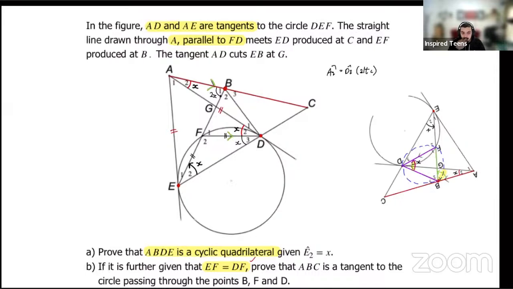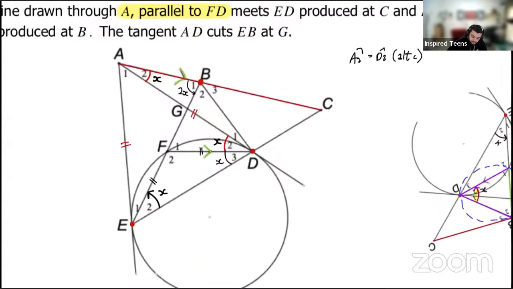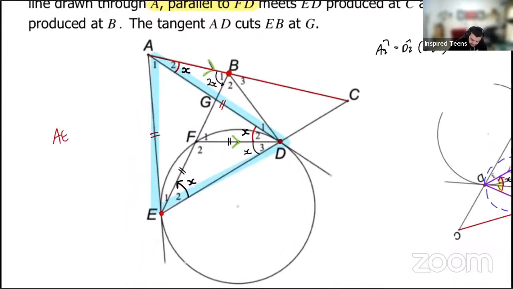But I see another way. Because I'm talking about this triangle here, in that triangle I can see that AE is equal to AD. My reason for that is tangent from common point. So because of that, angle E1 plus E2 is equal to angle D2 plus D3. Why?